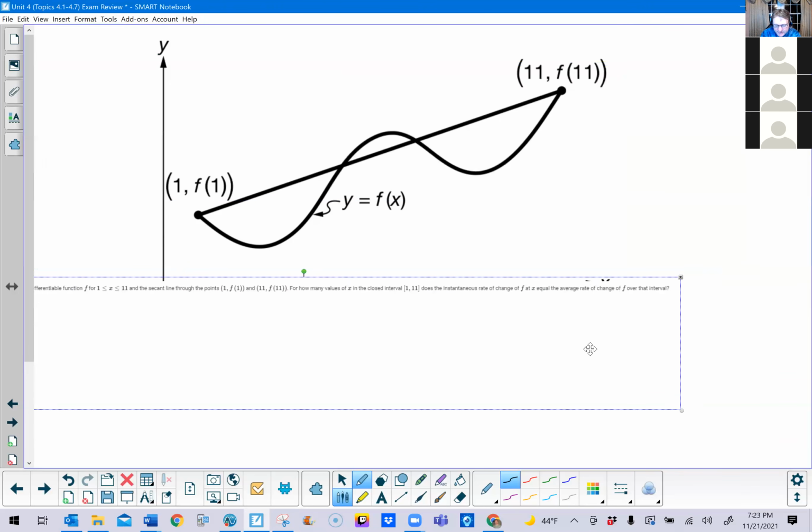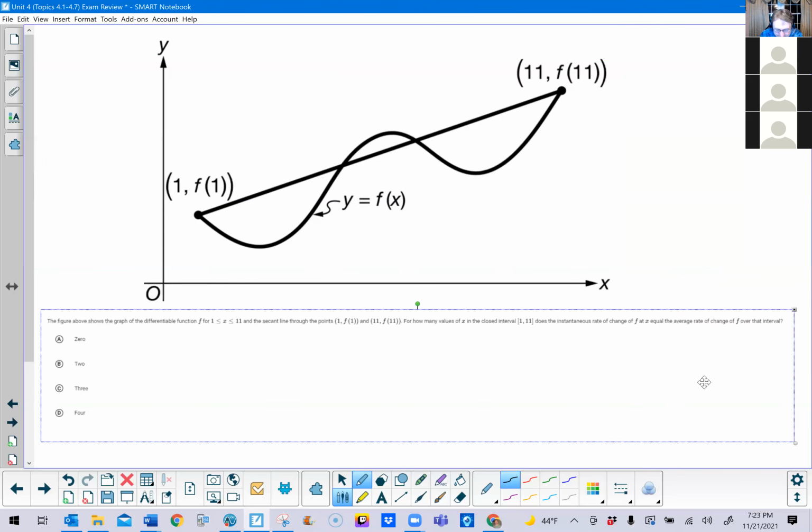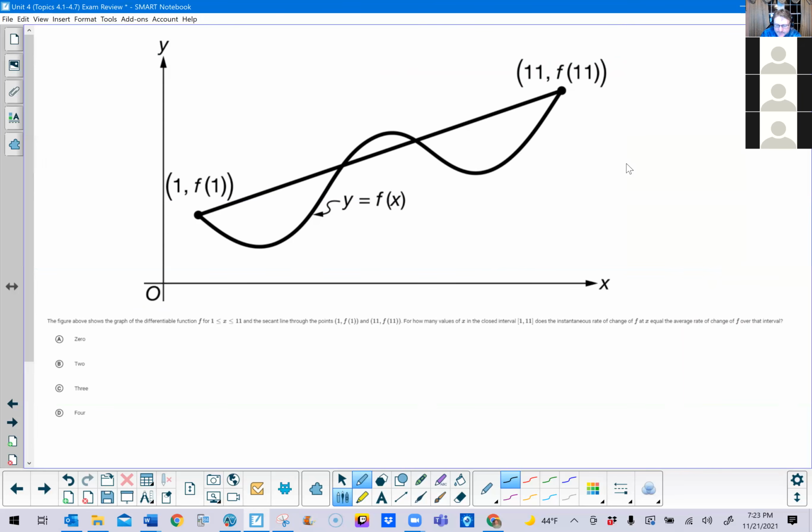I'm going to read this text for you because I know you're probably not going to be able to read it very well. It says the figure above shows the graph of the differentiable function f between 1 and 11, and I would agree with that. It also shows the secant line that goes through the point (1, f(1)). Okay, so I can see that that's the left point.